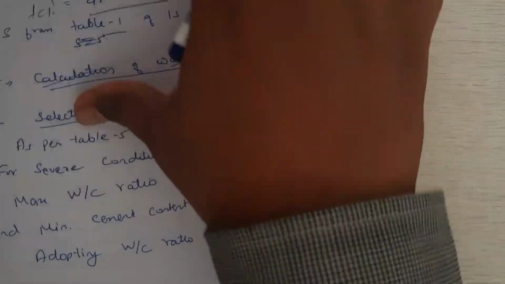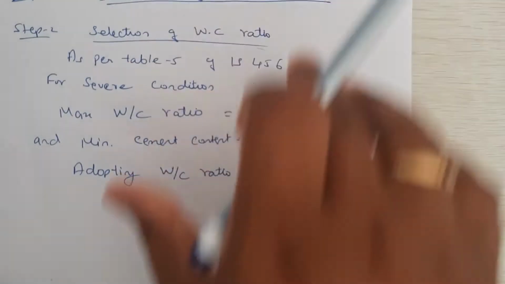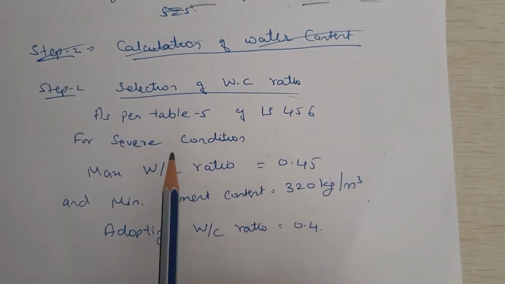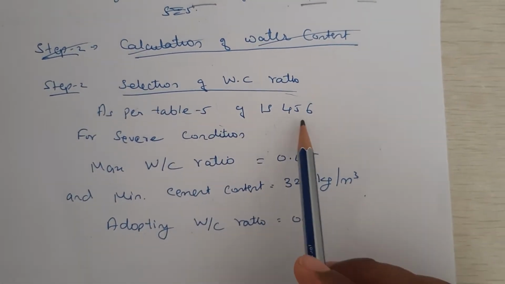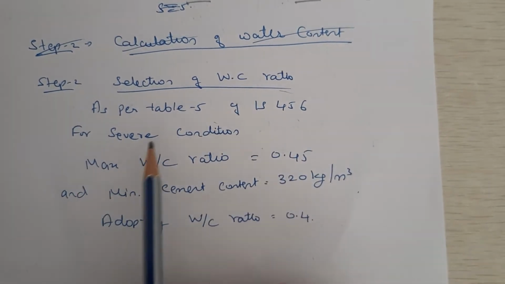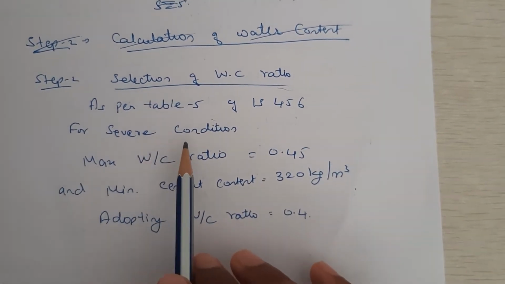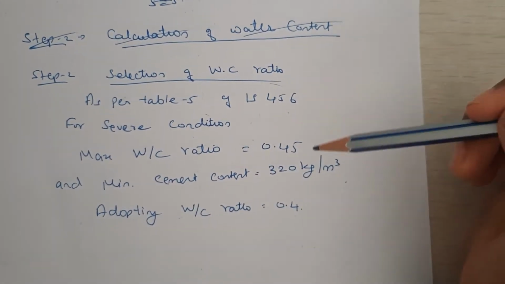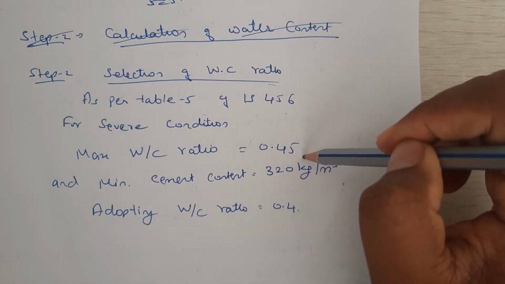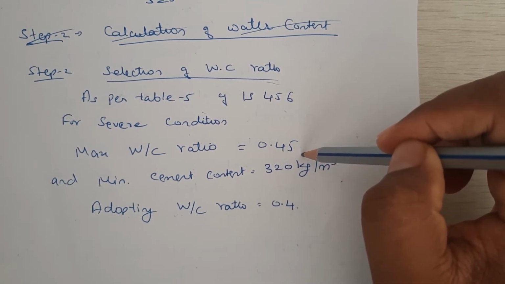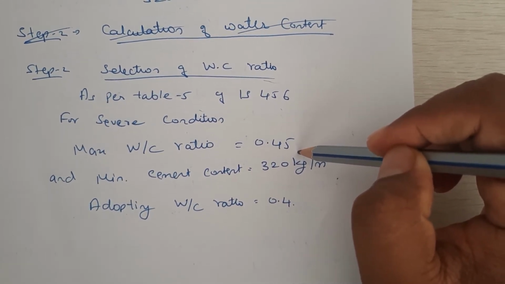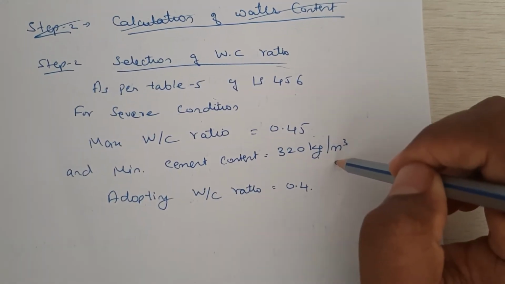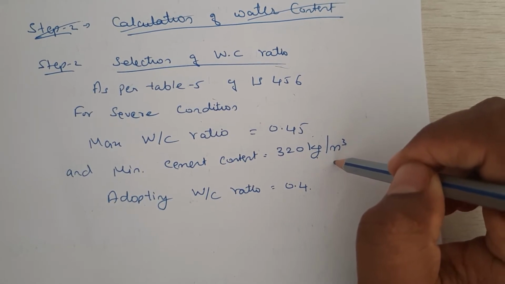As per Table 5 of IS 456, for the exposure condition, which is severe, we have a maximum water cement ratio of 0.45 from the durability point of view, and the minimum cement content required is 320 kg per meter cube.